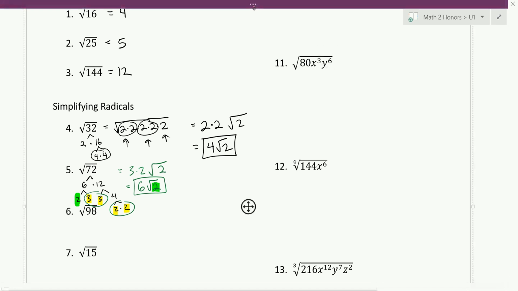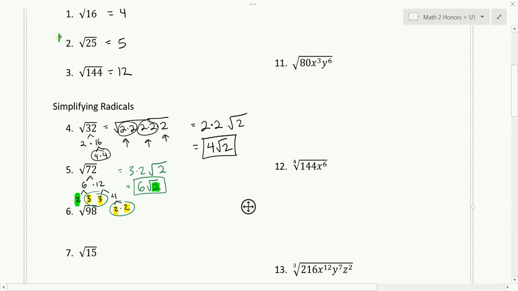Square root of 98 and square root of 15. Take a minute, try 6 and 7.